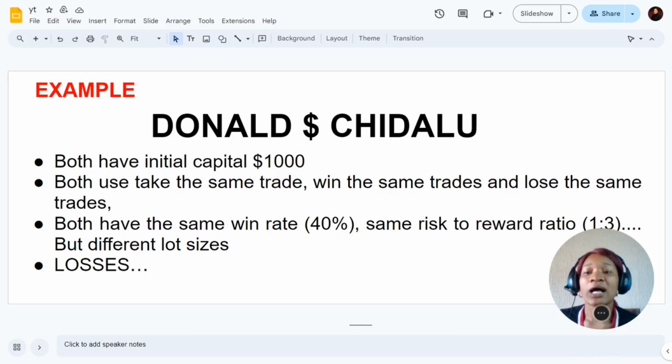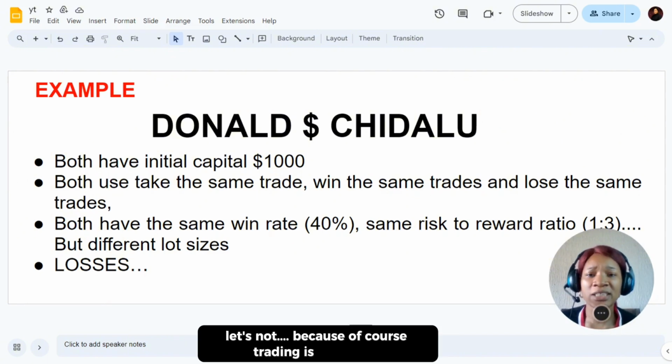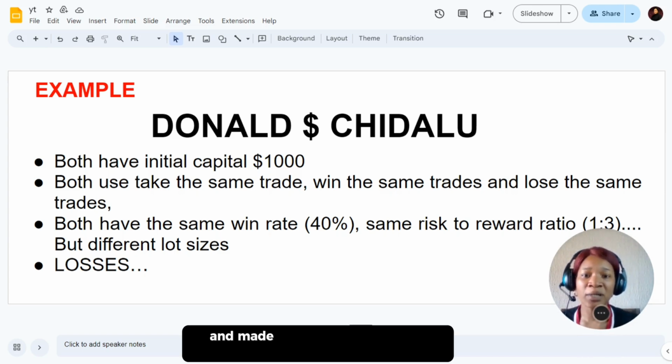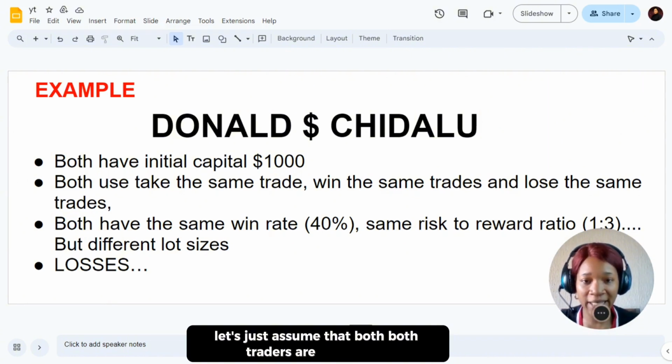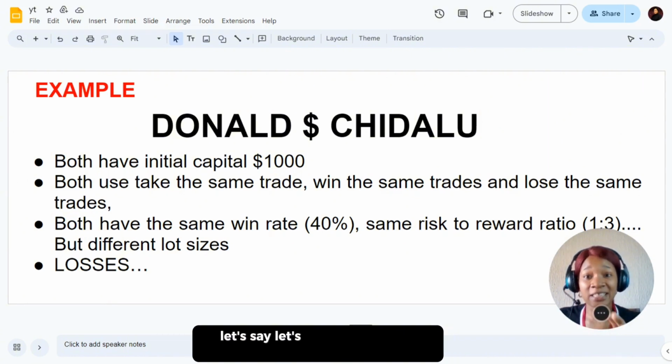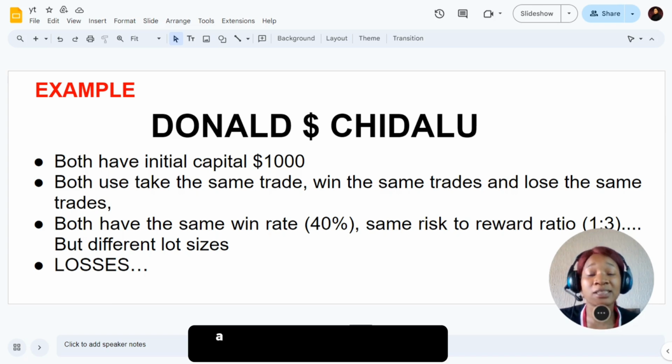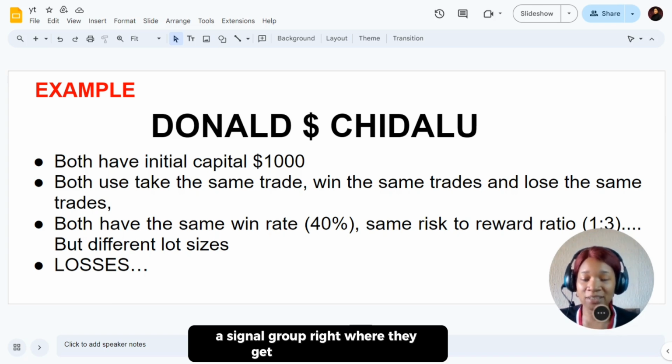Both of them take the same trade. Because trading is subjective, let us not assume that they are trading different strategies, which would give one an edge over the other. Let's just assume that they subscribe to a signal group where they get their trades from.